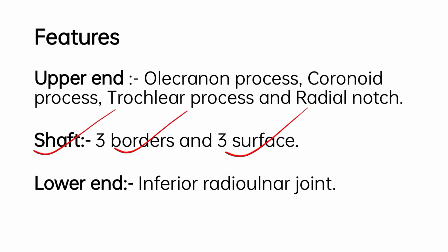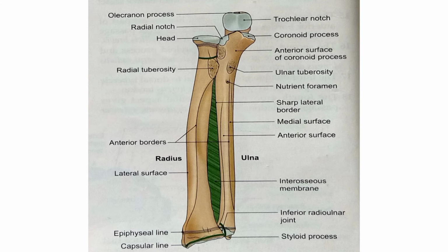Moving further to the lower end now. The lower end is made up of head and the styloid process. Alright, head and styloid process. The head articulates with the ulnar notch of the radius to form the inferior radioulnar joint. I'll show you.